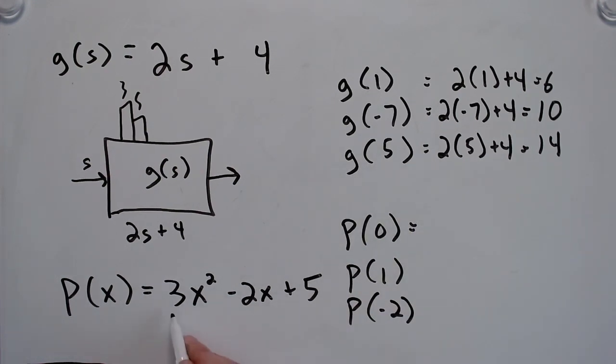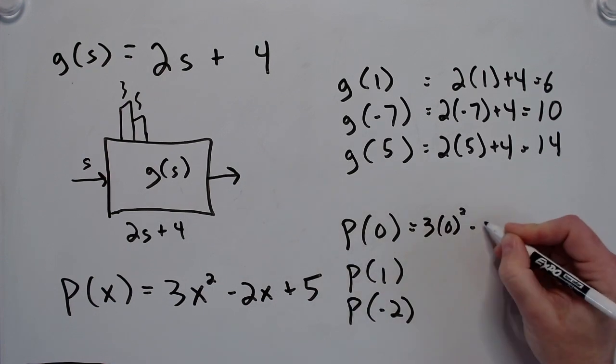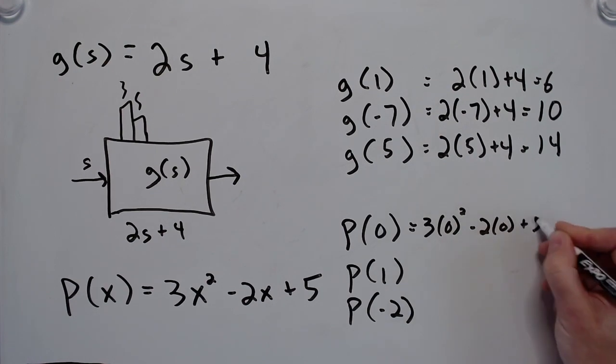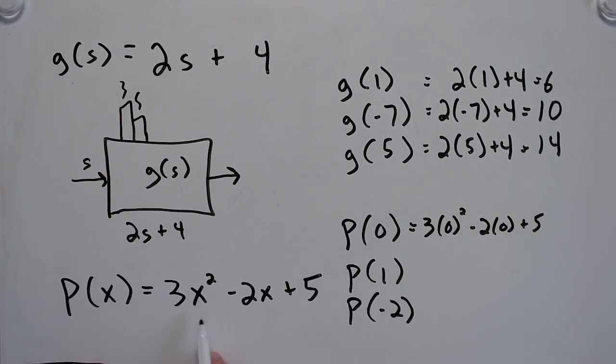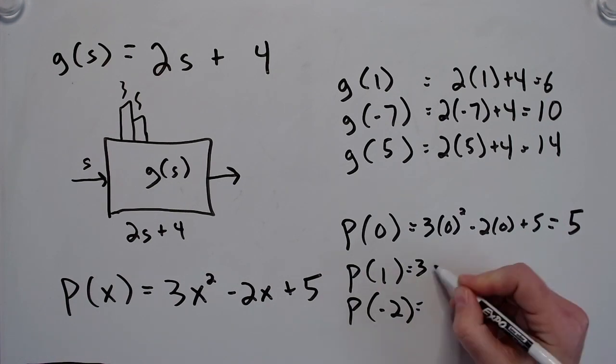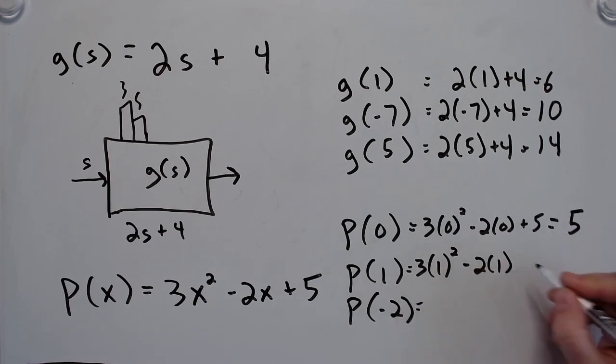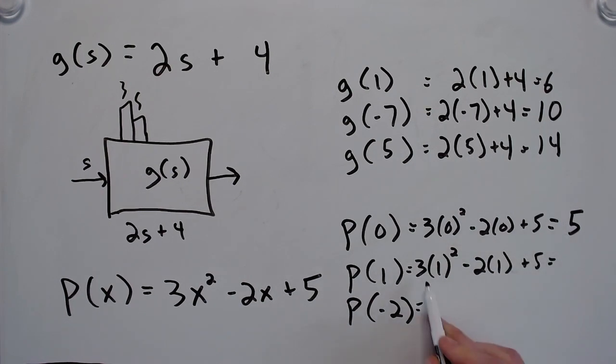So 3 times 0, well, let's just write it out. 3 times 0 squared minus 2 times 0 plus 5. So all I've done is taken this equation, substituted in 0 for the x's. So 3 times 0, that's 0, minus 0 plus 5. This ends up being 5. P of 1 is going to be 3 times 1 squared minus 2 times 1 plus 5. So 3 times 1 is 3, minus 2 is 1 plus 5, so it ends up being 6.